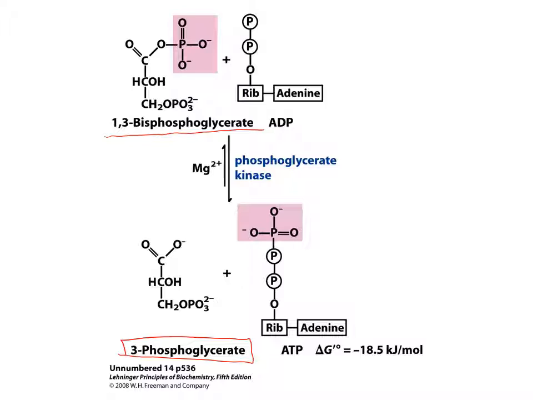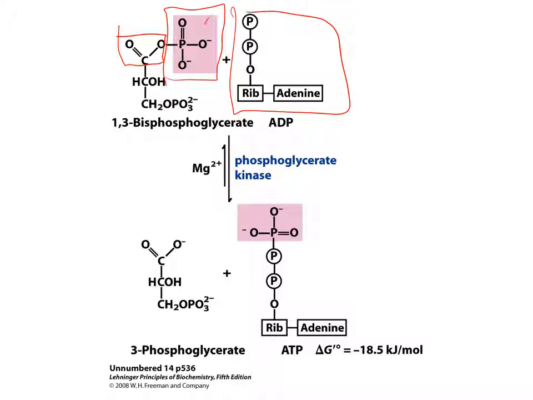So now let's look at what exactly happens on an enzymatic level. I apologize, your book does not go into the details of the enzymatic reaction of phosphoglycerate kinase. But basically what's happening here is that the kinase transfers the high energy phosphate group, just like I said in a previous slide, from the carboxyl group of 1,3-bisphosphoglycerate to ADP, effectively forming ATP and 3-phosphoglycerate.